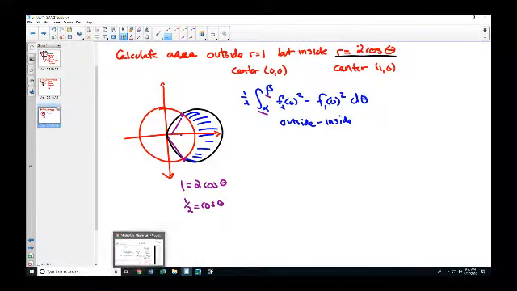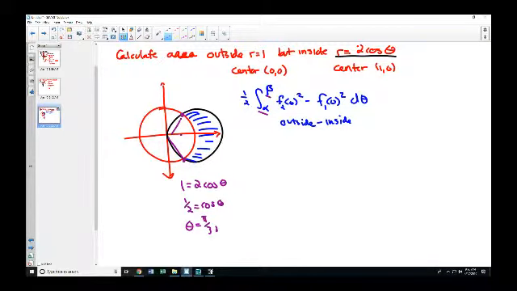Solve, so divide by 2, where's cosine equal to one half?